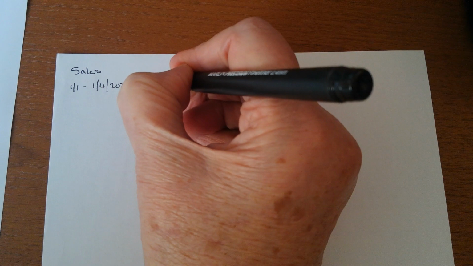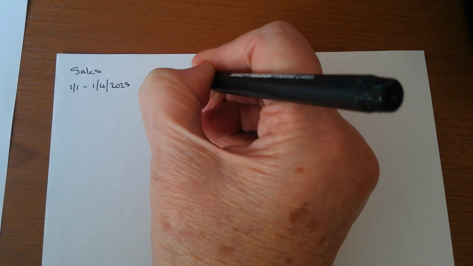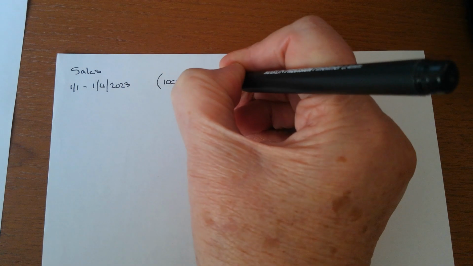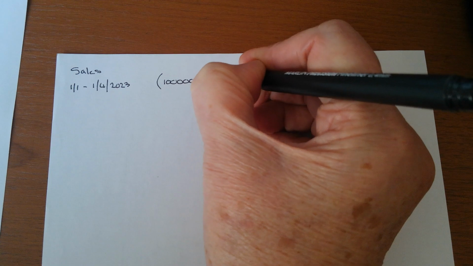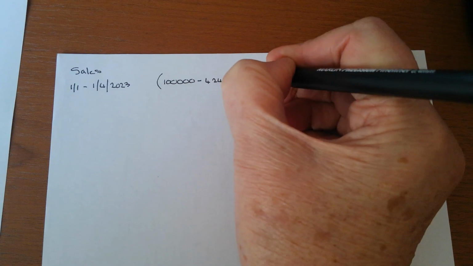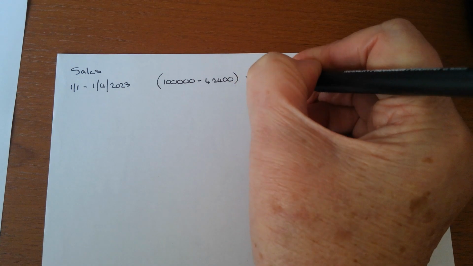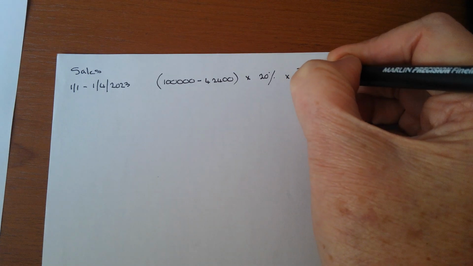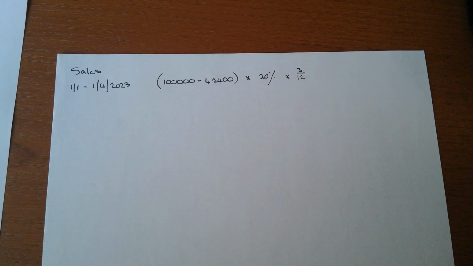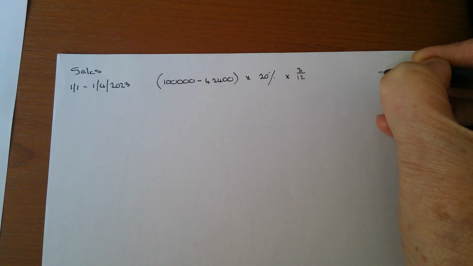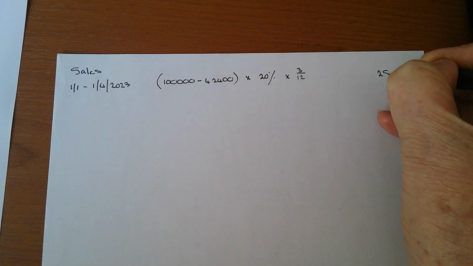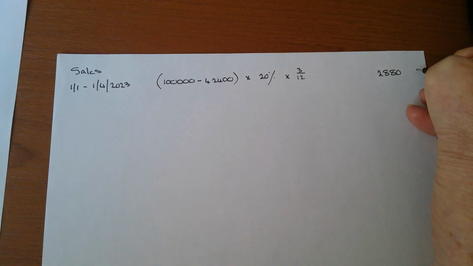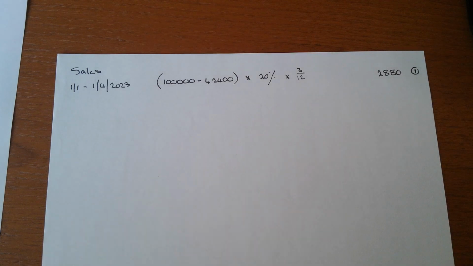So I will take the cost price and I will subtract the accumulated depreciation because it's diminishing balance. I will work out 20% on that amount, and this vehicle was only used for 3 months in the current year, so that will give me 2,880.